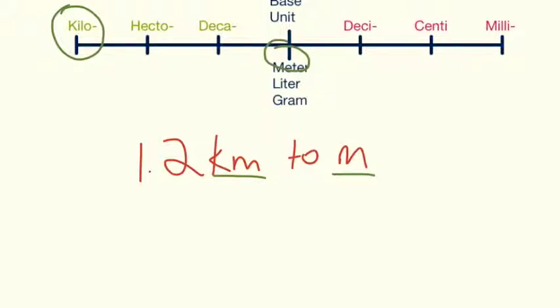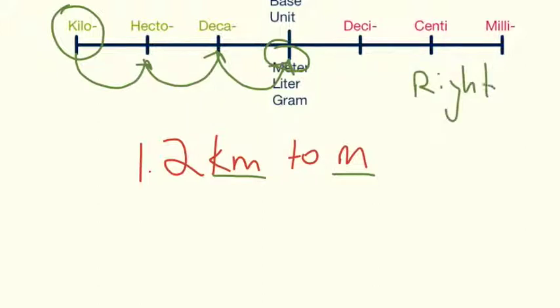Then I need to find out how many steps and in what direction I need to go. So I go from kilometer, I go right, 1, 2, 3. So I need to go right 3 times.